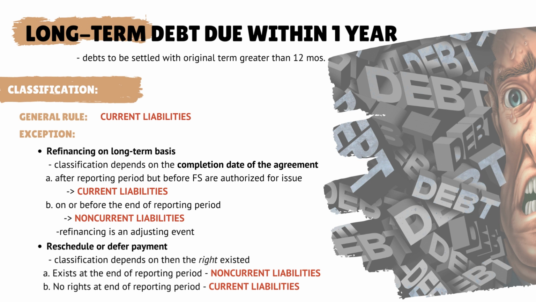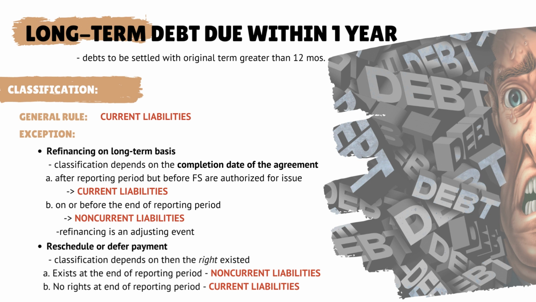Okay? So in order to classify if it's current or non-current, it will depend on when the right to reschedule or defer existed. Okay? So if ang imo right to defer the payment na exist na siya at the end of the current period, then that should be considered as non-current liabilities.